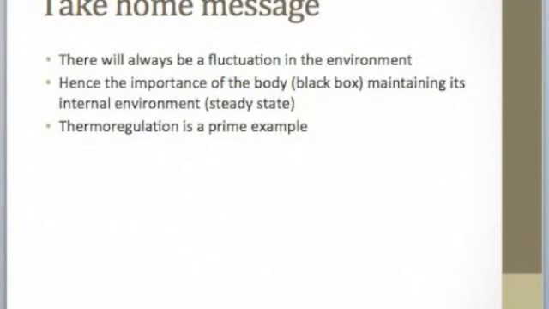So what is the take-home message? Essentially, the take-home message is there will always be a fluctuation in the environment. As we saw, temperature isn't steady. Some days it's really cold, some days it's really hot, some days it's intermediate. So your body has to be able to endure that change and maintain its internal environment in order to continue its function.